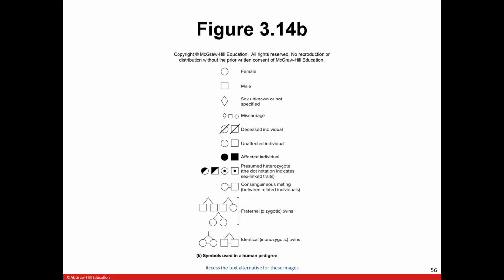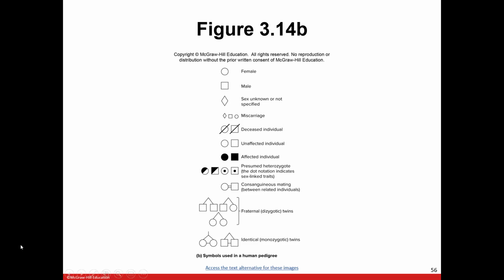Now you have to be careful on pedigrees because a lot of the times if we don't know who a carrier is, they might not be shown at all on the pedigree. When we're studying recessives, we go, well, nobody in this generation has it, and suddenly it shows up. Well, that means somebody had it and they must have been a heterozygote carrier, or both parents were heterozygous carriers.